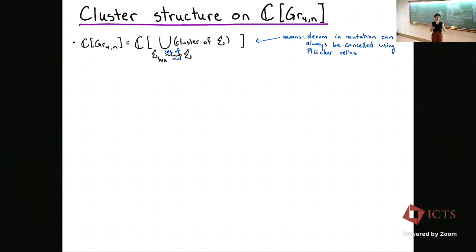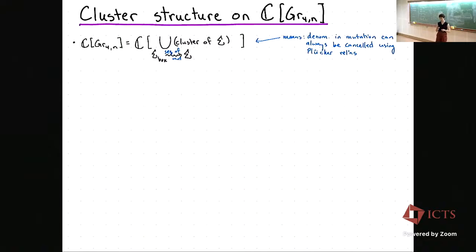It means all of our cluster variables actually belong in this ring. Even though there's division when I define cluster variables, I can always use Plücker relations to undo that division and honestly get a polynomial in Plücker coordinates. And all of the cluster variables I see generate the ring.